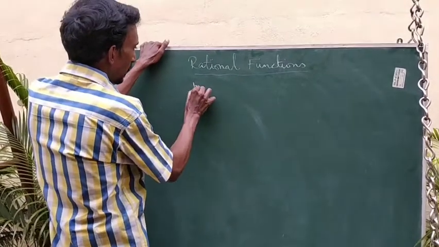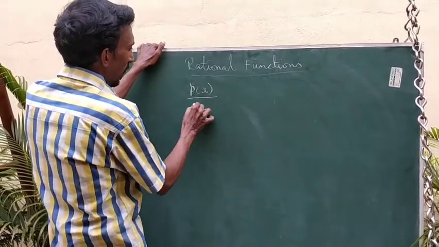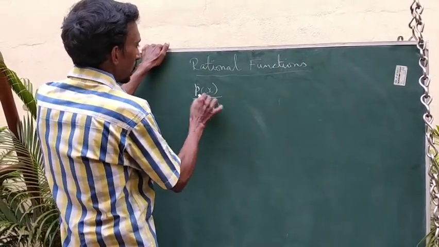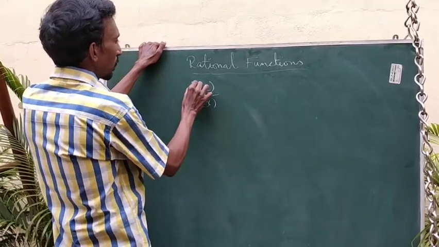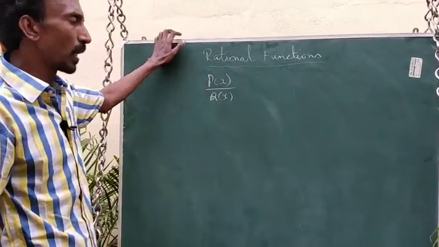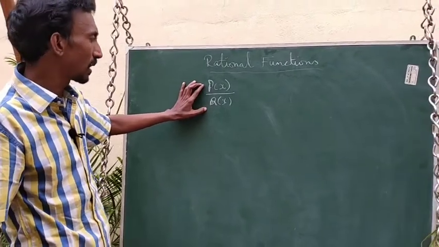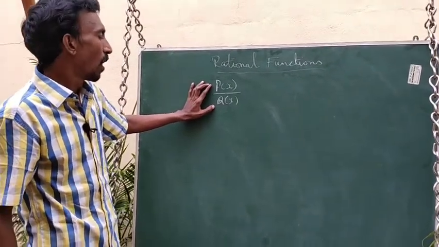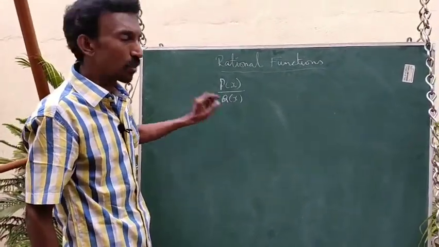So if we consider the two polynomials p of x and q of x, p of x by q of x is called the rational expression, where q of x is not equal to 0.